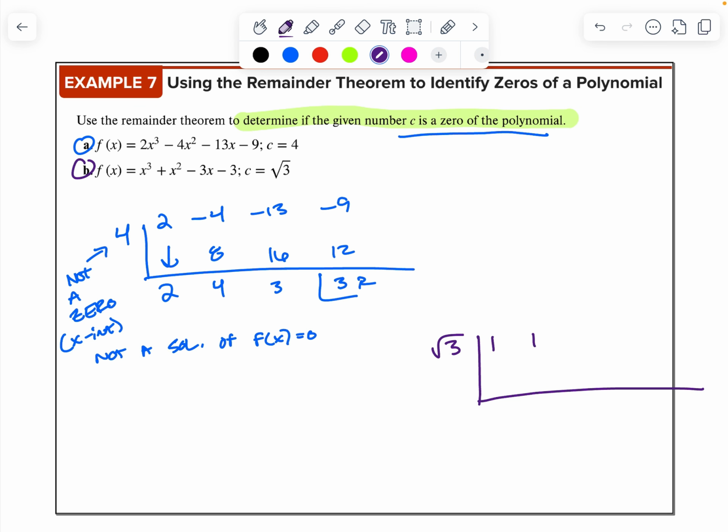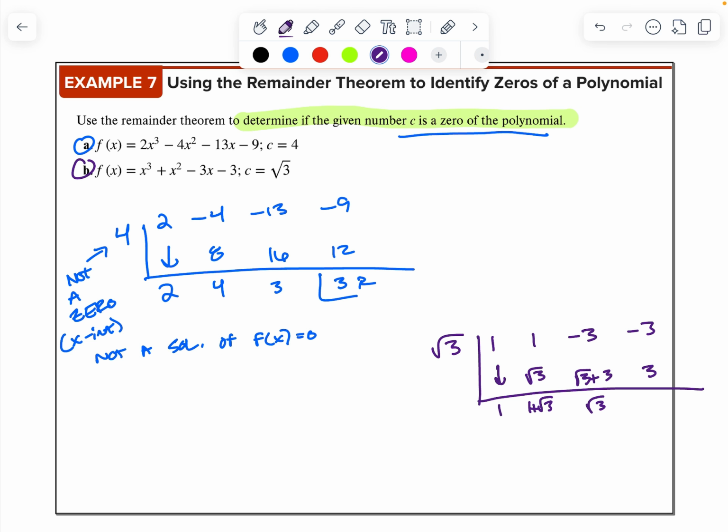1x to the third, 1x squared, -3x, minus 3. Bring down the 1. Multiply. When we add, we get 1 plus square root 3. When we multiply, we get square root 3 plus 3. When we add, we get square root 3.